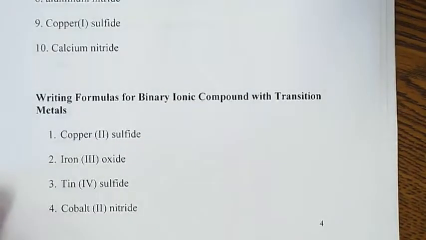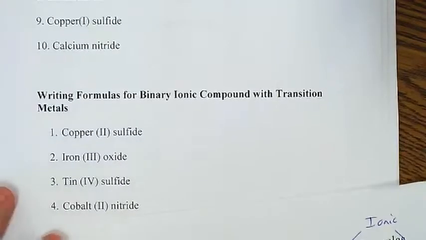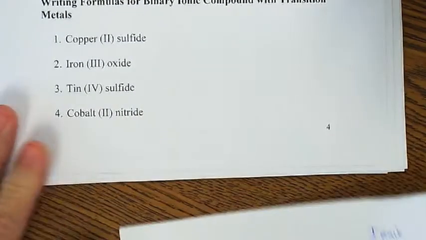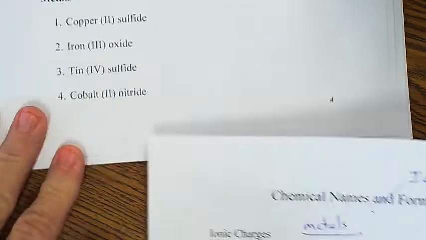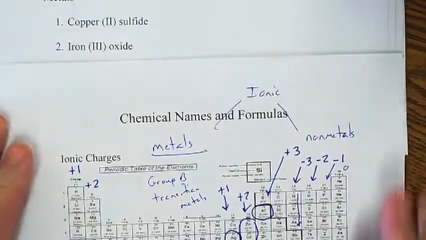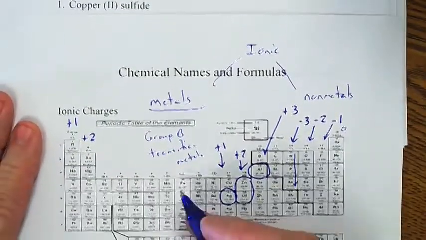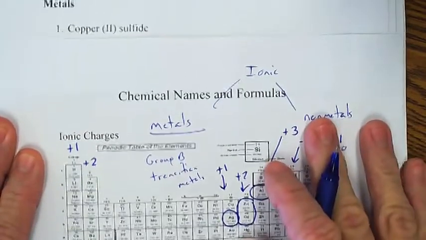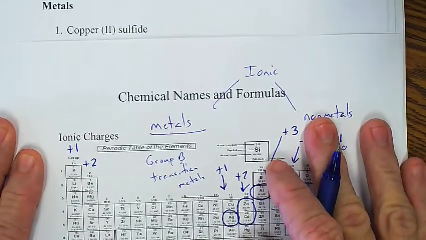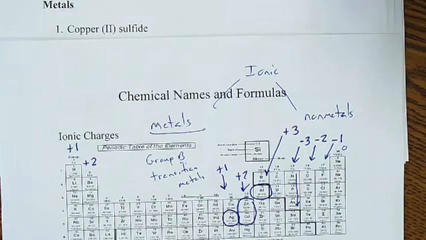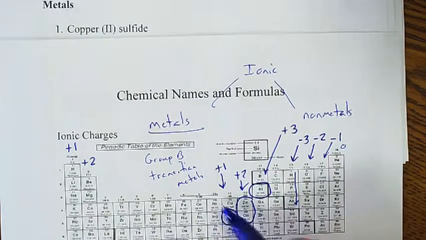When you're writing formulas for binary ionic compounds with transition metals, remember the transition metals are those in the middle part of the table. They can have more than one charge. So they always have to give you a Roman numeral to give you the charge of that particular transition metal, because you can't look here and know the charge of copper for sure just because it's a transition metal.